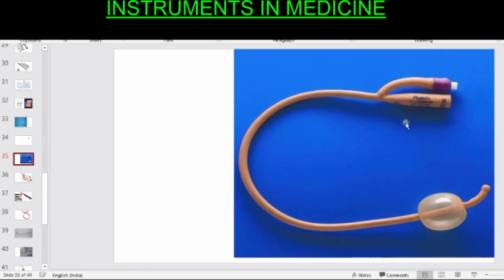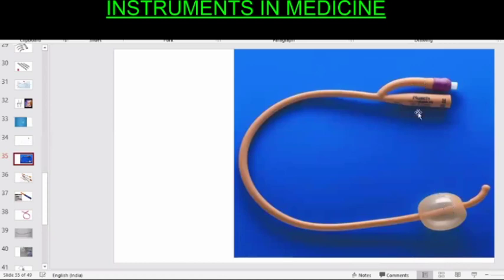There are two things in this. If you cannot aspirate from here, but you can push in, then definitely you put excessive saline and rupture the balloon.